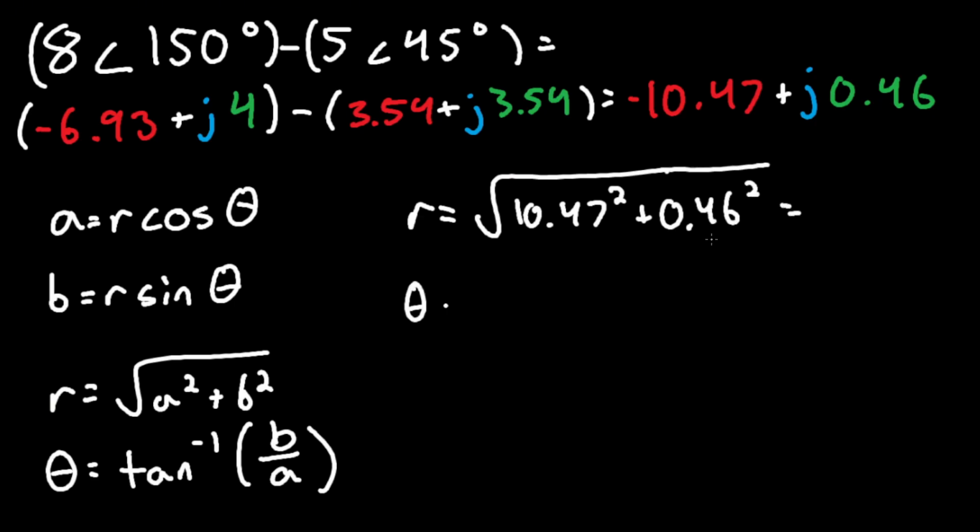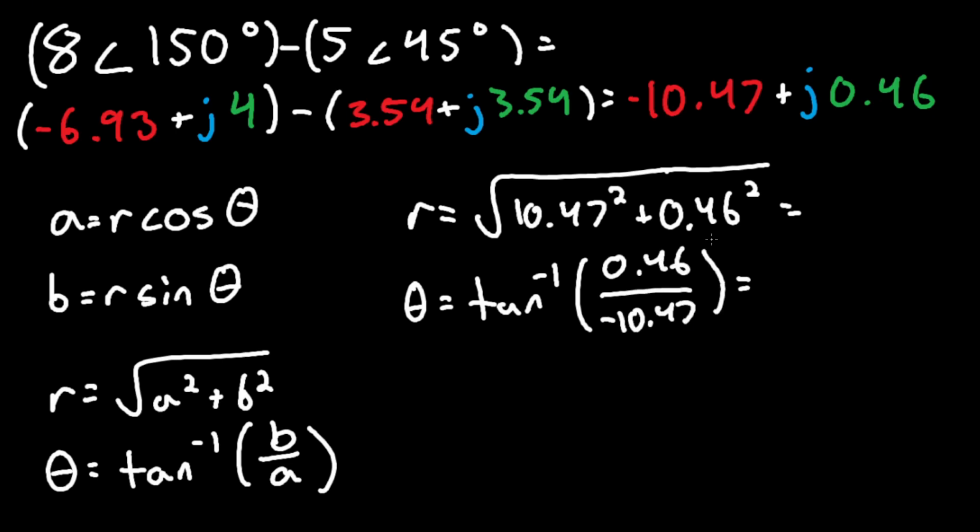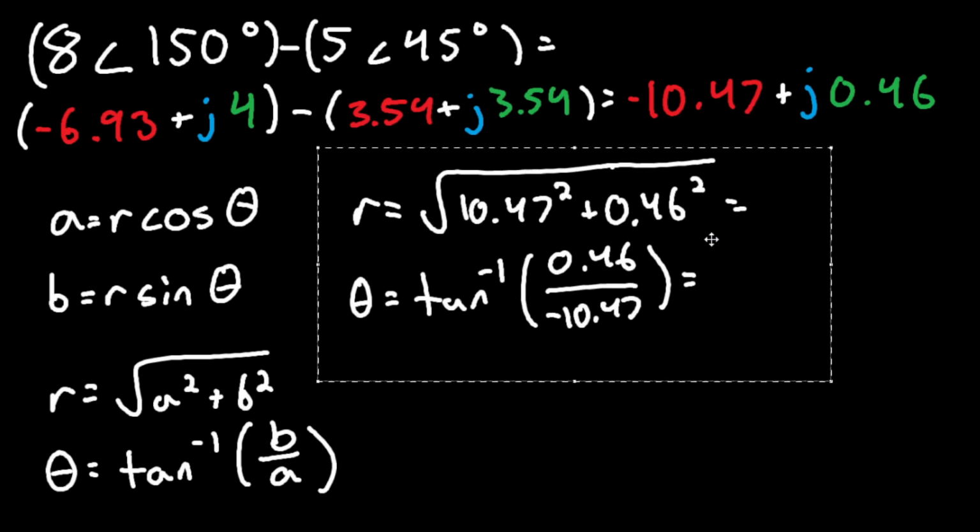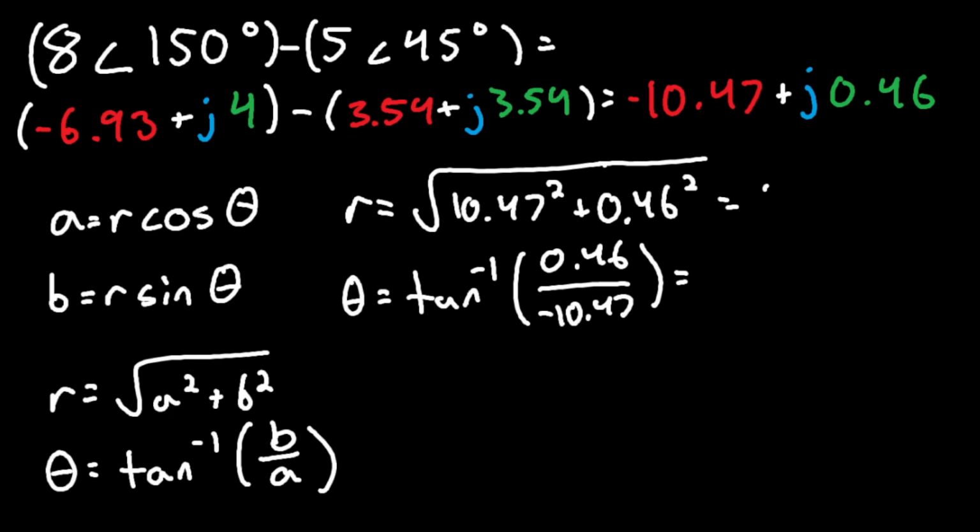And you can also find theta by evaluating the inverse tangent of b over a. So 0.46 over negative 10.47. Plug this into the calculator, and you get 10.48 and negative 2.52.